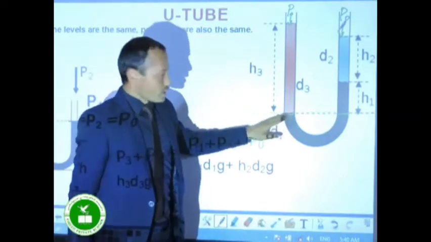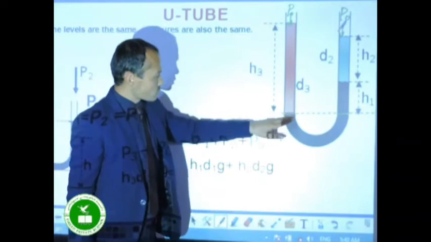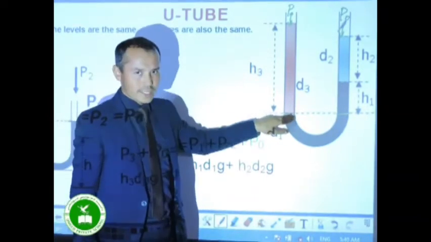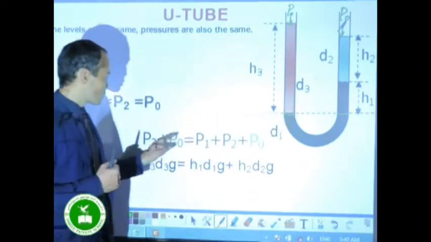Now, let's calculate pressure on these two points. Pressure on this point, pressure of third liquid. We represent pressure of third liquid by P3.